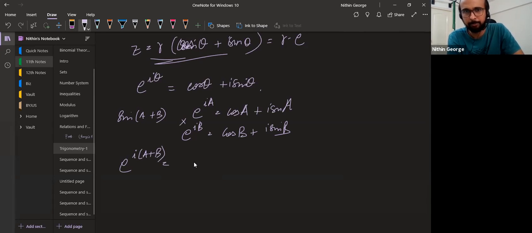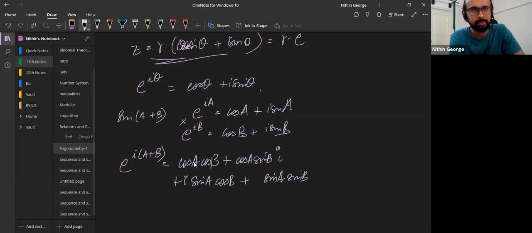Multiplying, I get cos a cos b plus i cos a sin b plus i sin a cos b plus sin a sin b into i square.